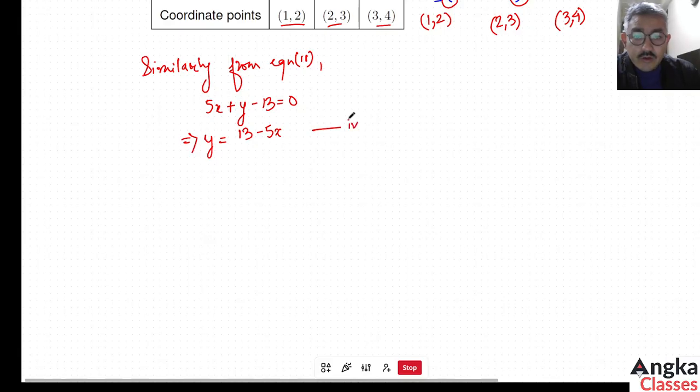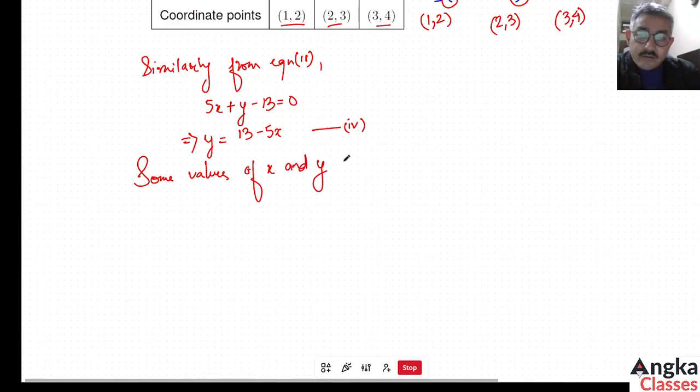We'll call this equation 4. Now some values of x and y satisfying equation 4 are.